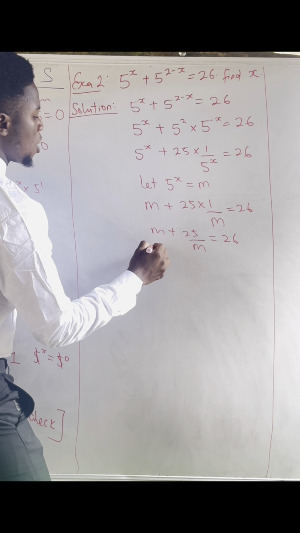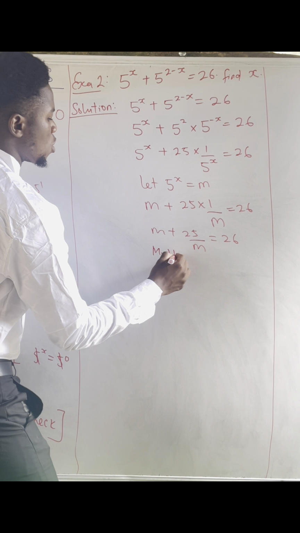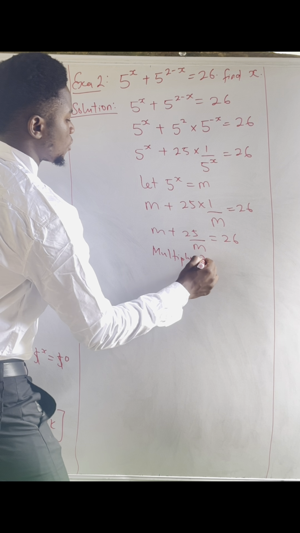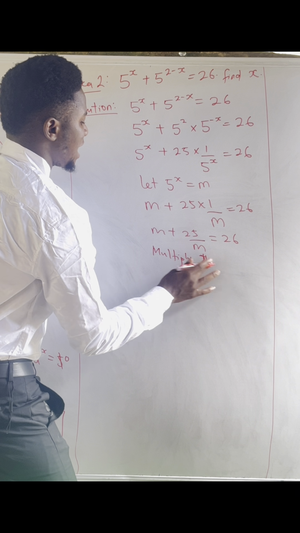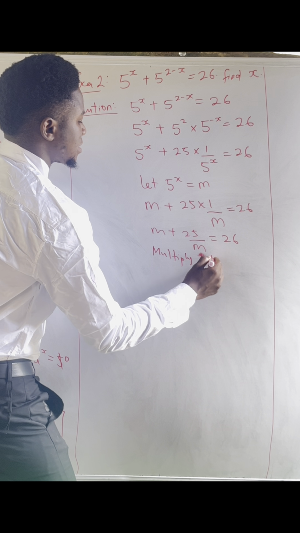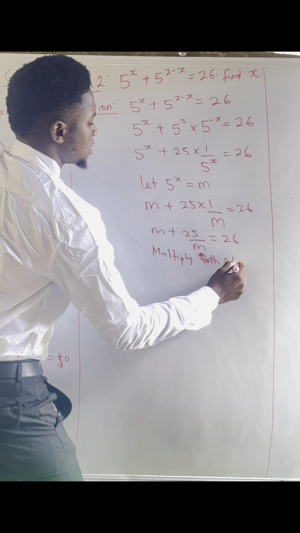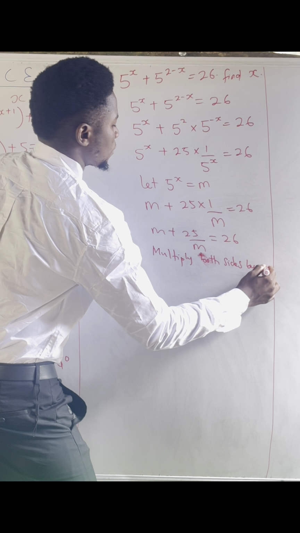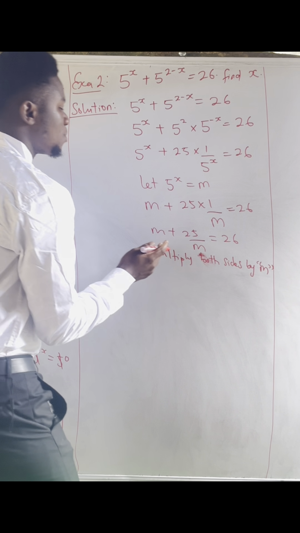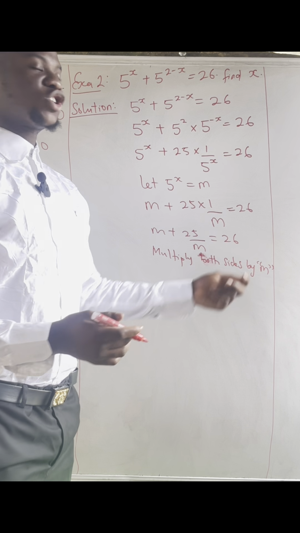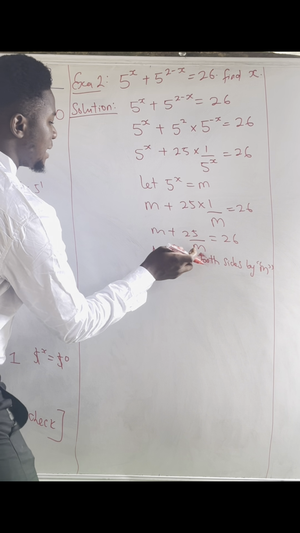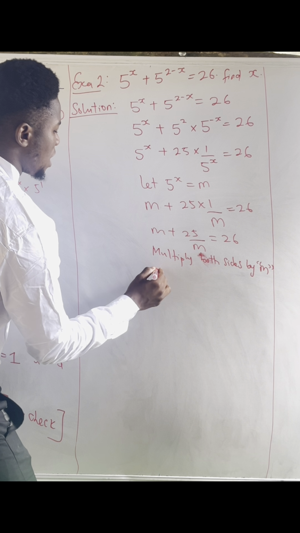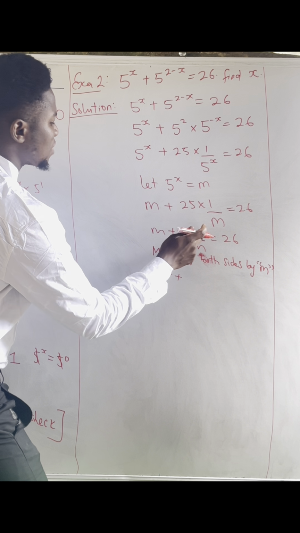So I will multiply both sides of this equation by m. So m times m returns to m squared, plus 25 over m times m.